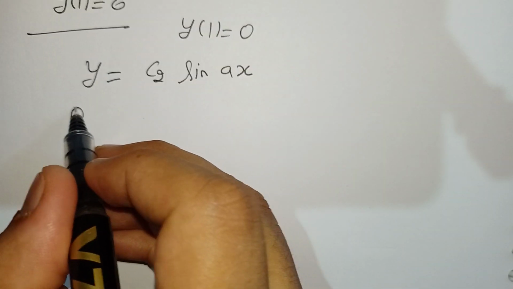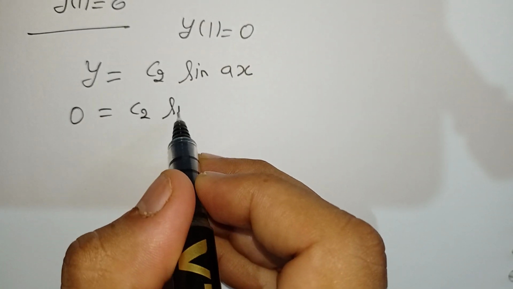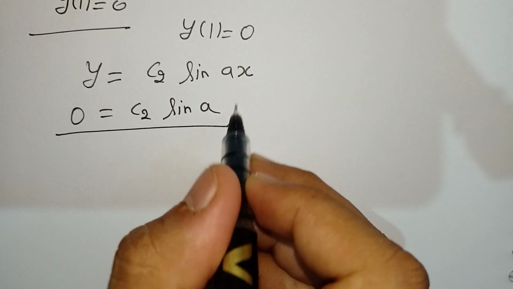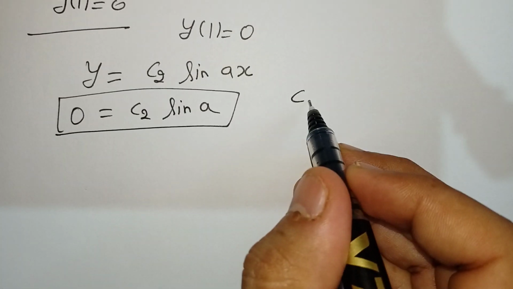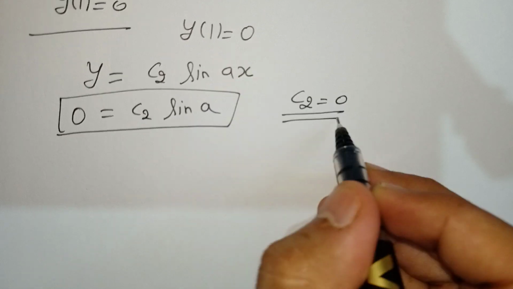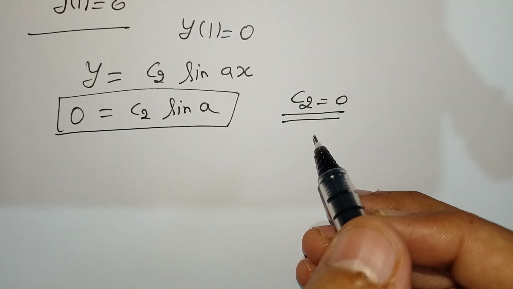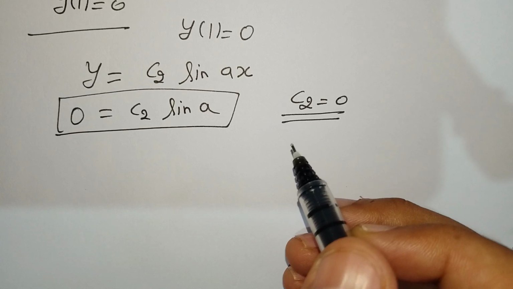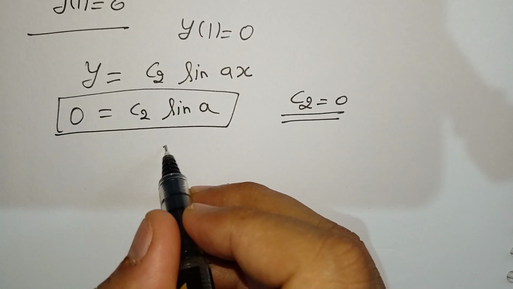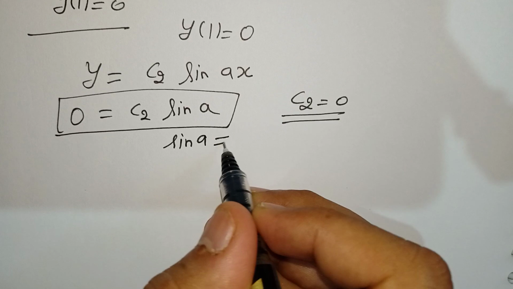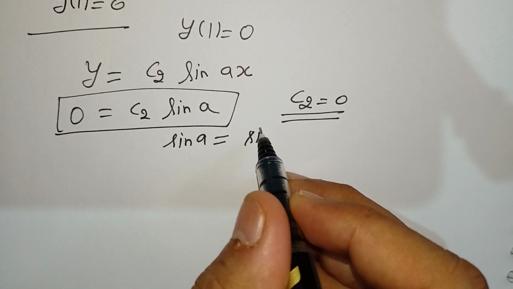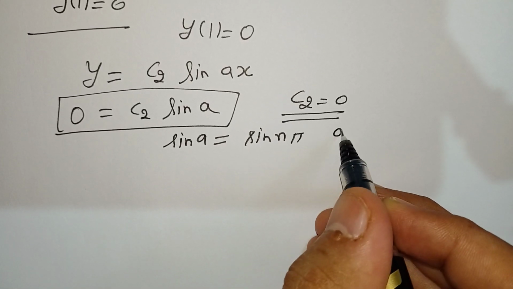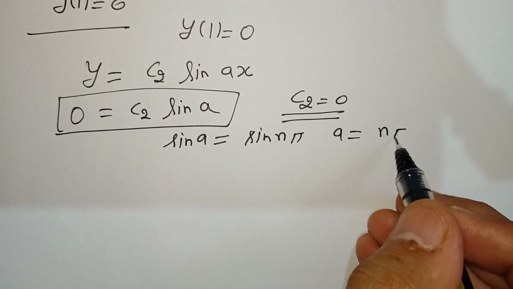So we get 0 equal to c2 sin a. So we don't put c2 equal to 0, otherwise we get the zero solution, that is the trivial solution. We are looking for the non-zero solution. Then we can have sin a equal to sin n pi. So a equal to n pi.